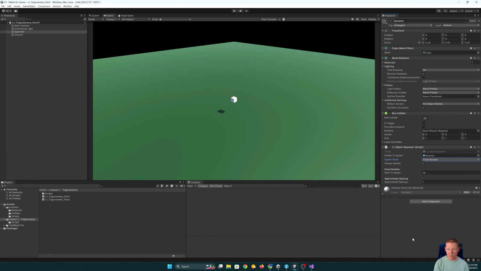I also want support for an adaptive mode, where the number is based upon the distance to try and have a fairly even spacing. Again, we're going to make use of sine and cosine and those different aspects of trigonometry to make this work. Then we're going to add some cool effects to it.